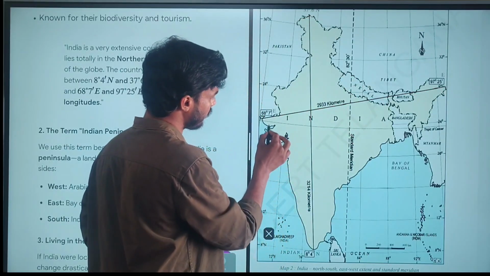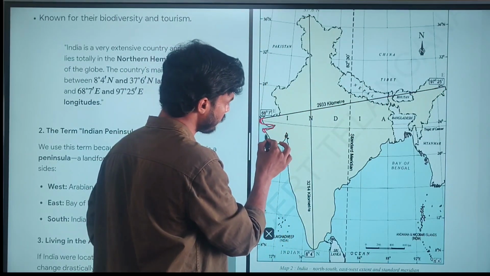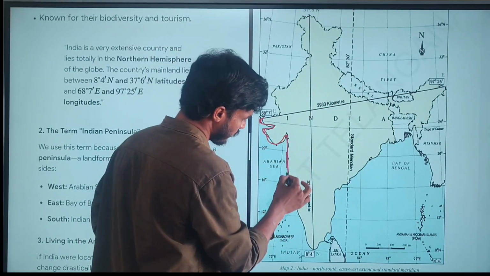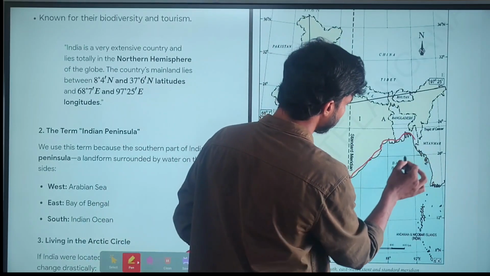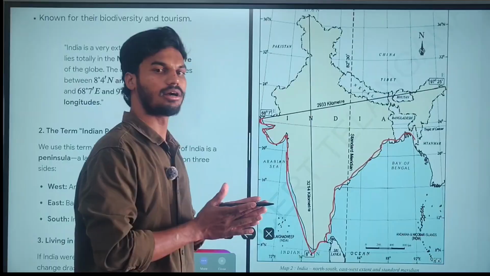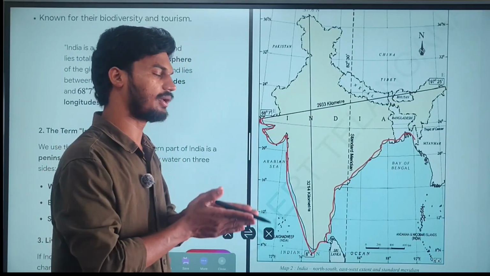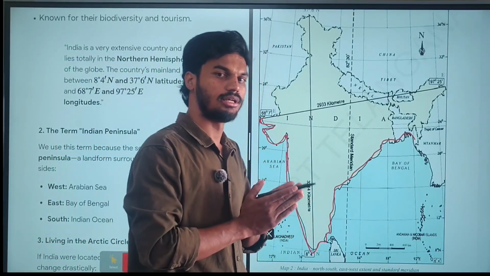At the western side, it is known as the coastal region. A coastal region is simply land which is connected with a water body, whether seas or oceans.